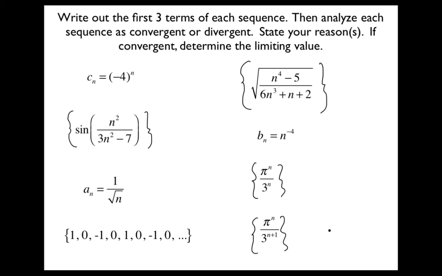You're doing the first one? There's a very straightforward explanation for why the first one is divergent. It just goes to negative infinity, positive infinity. You would express those terms exactly, not decimal approximations.